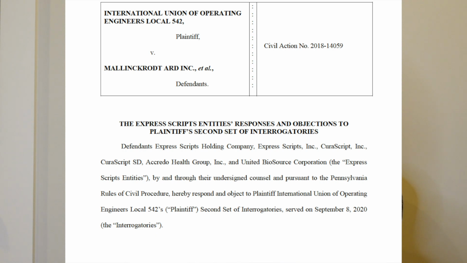Usually, these interrogatories are related directly to the claim or to the person bringing the claim. For example, someone might ask in an interrogatory question, "Have you ever been arrested?" Now, that question, even if it's answered, is not going to be admissible at trial because arrests are not admissible at trial.